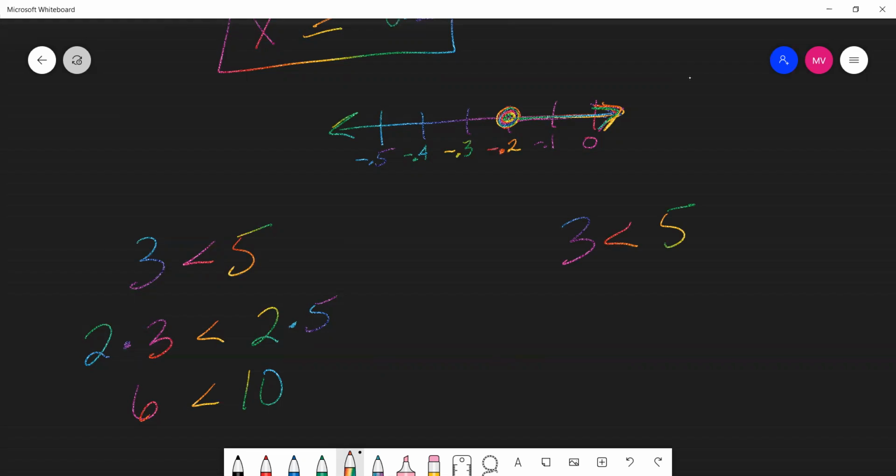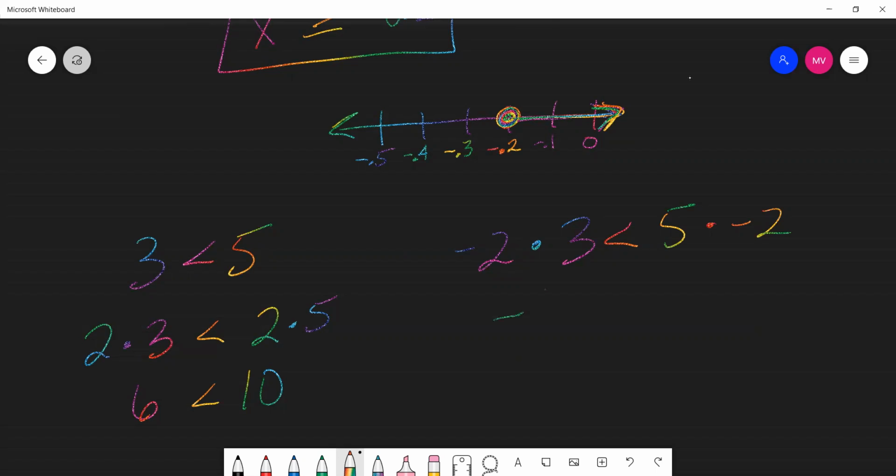And then of course, if we have 3 is less than 5, this is where it gets fun, and we multiply both sides by negative 2. What happens when we multiply a positive times a negative, or anything times a negative? If you multiply a negative times a negative, your answer becomes positive. If you multiply a positive times a negative, your answer becomes negative. So your answer is always going to switch signs no matter what it is originally.